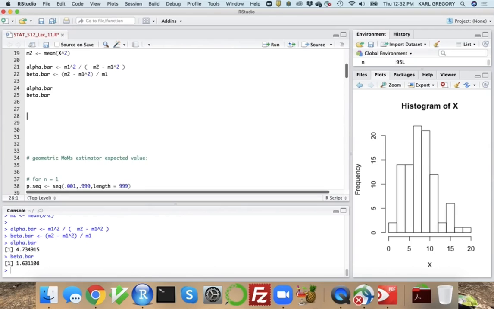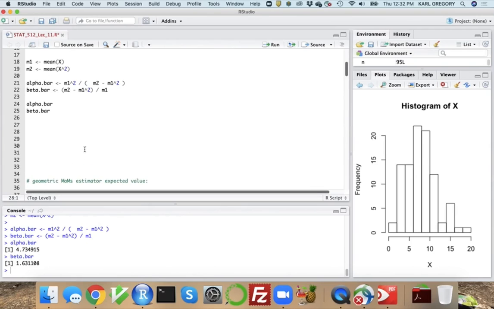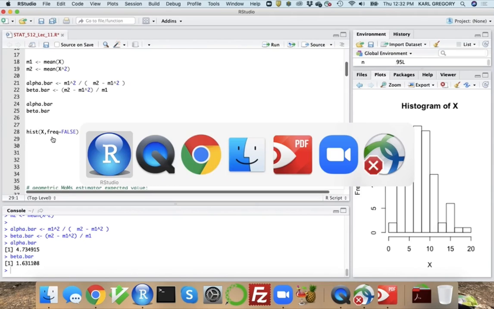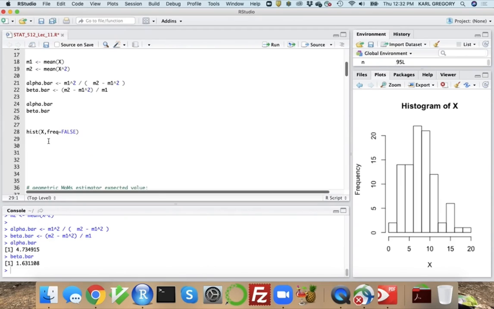That might not be very informative, so let's draw a picture. On top of my histogram, I want to draw the PDF of this gamma distribution under these choices of the parameters.